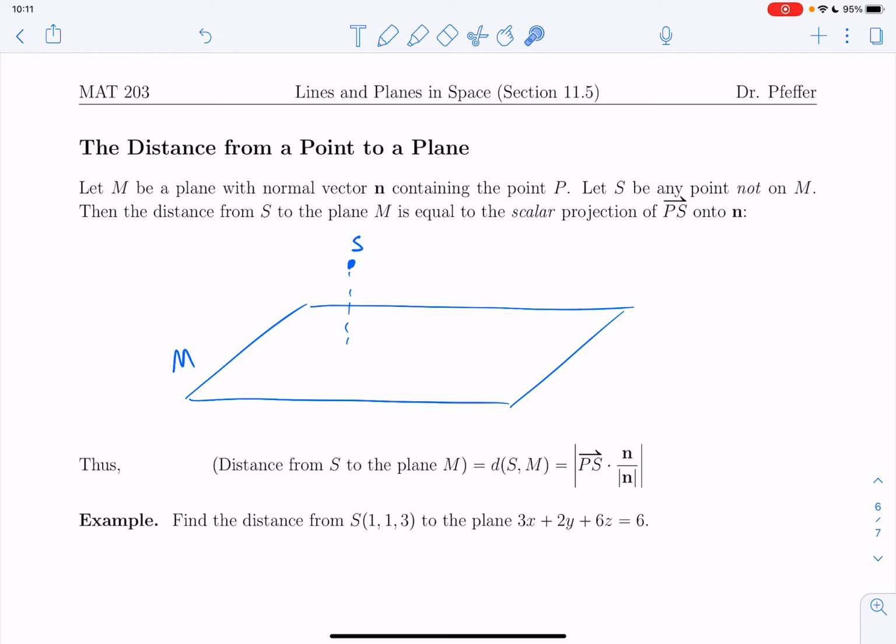M only has 2 pieces of data, a point and a normal vector, and I haven't related S to that normal vector in any way. So over here, pointing up is my normal vector. What I want to do is relate S's location to N.